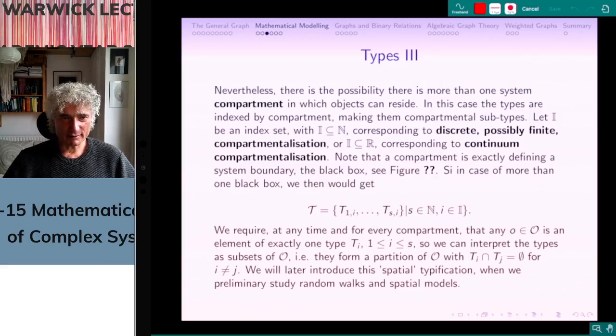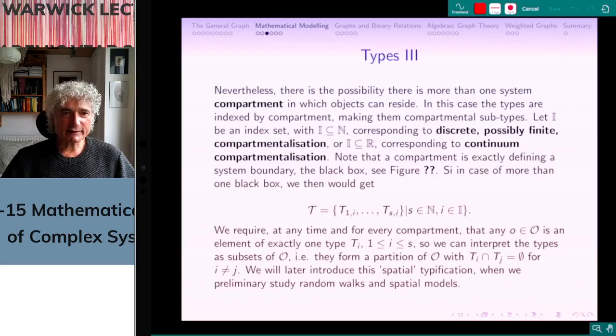That's where our basic objects live. The compartment is the black box in the empirical system, and in the mathematical framework of graph theory, this will be called the object set, the basic object set, which we denote by capital O.